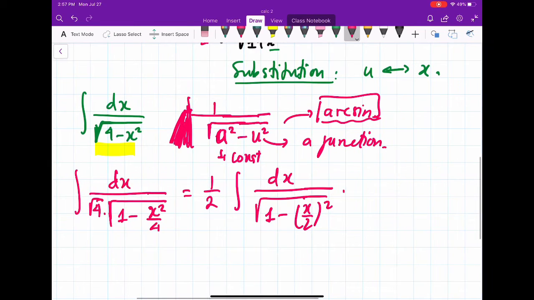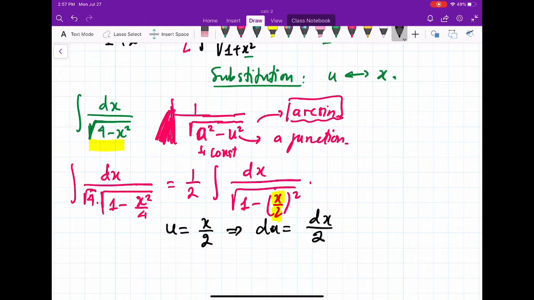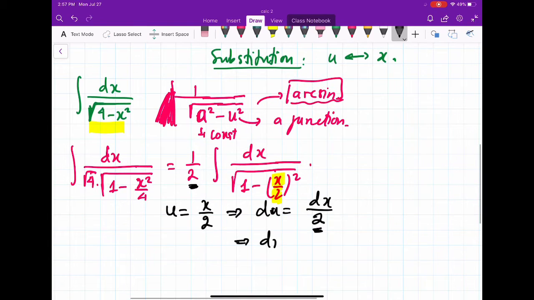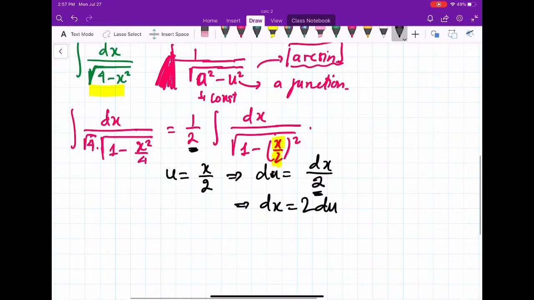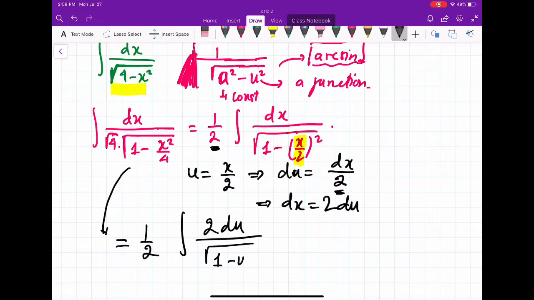So if you want, you can do substitution. You put u equal to x over 2. From here you have du is dx over 2. So if you don't have the 2 right here, you might add 2, or you can solve dx equal to 2 du. And now you can rewrite your original integral in terms of u, that is 1/2 times 2 du over square root of 1 minus u squared.